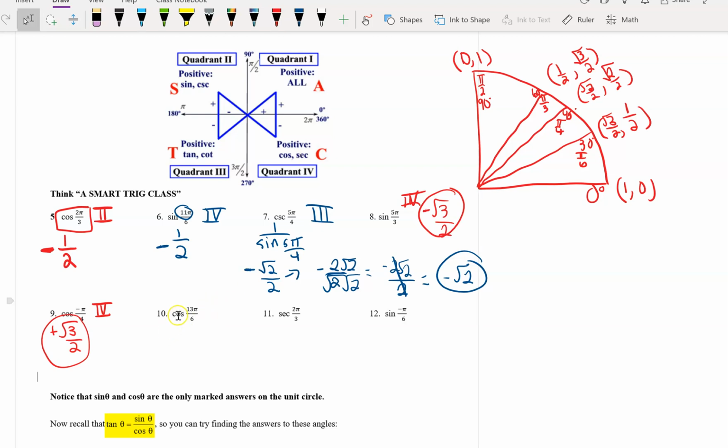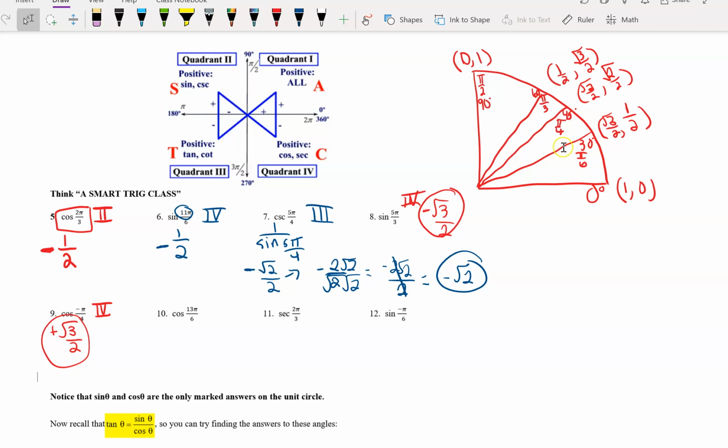All right, the next one, cosine of 13 pi over 6. You won't see 13 pi over 6 on the unit circle because that is more than 2 pi. That is more than 1 full revolution. So 12 pi over 6 would be 1 full revolution, and then that's 1 more pi over 6 past that.